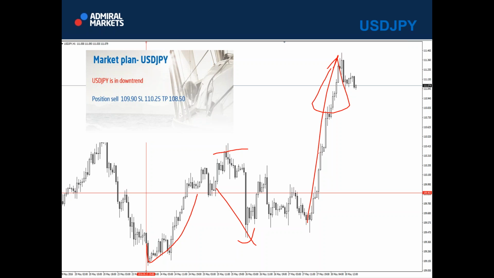And here you can see that actually the only point where you could have shorted it successfully was around our setup here.